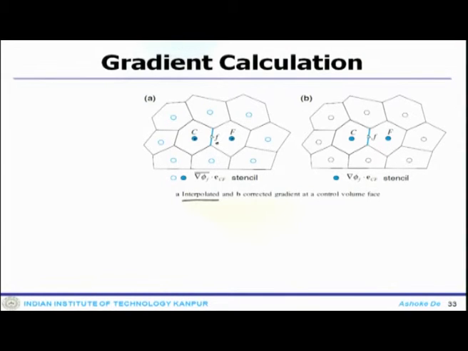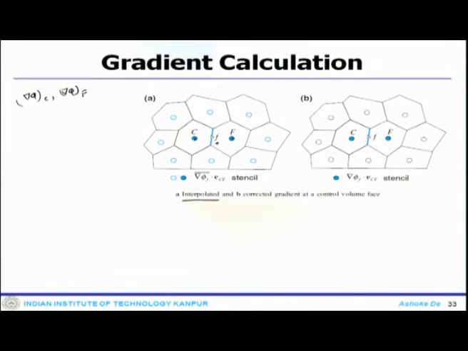So once you look at these two, the gradient at the face, they have the same stencil, I mean the C and F and the surrounding elements. Ideally they should be the same, but when you do the calculation some sort of a correction is required if some non-orthogonality exists.